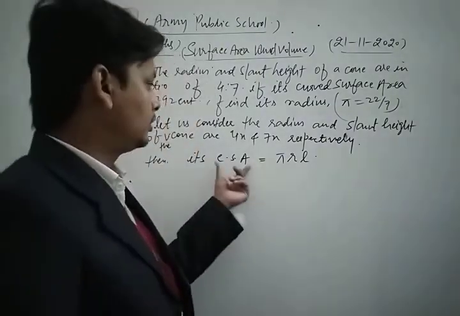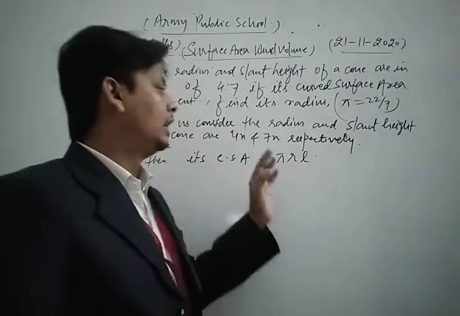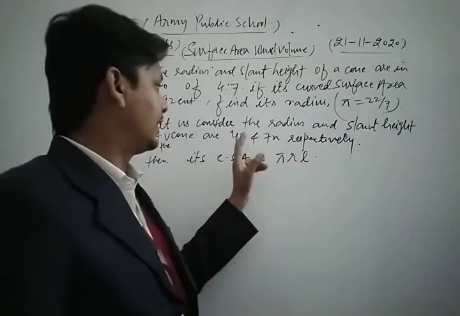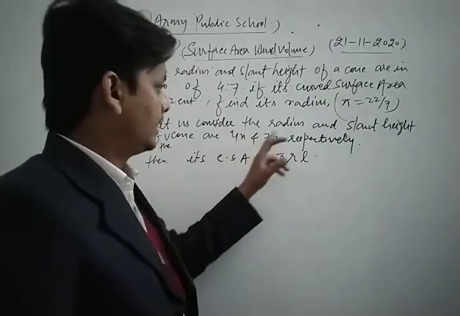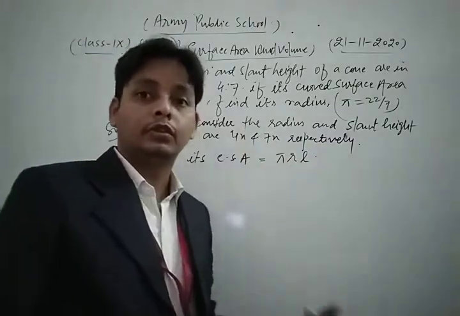Now we put the value of the curved surface area of the cone, which is given in our question, and the value of pi, the value of r as 4x and the slant height as 7x, and after solving we get the value of x.